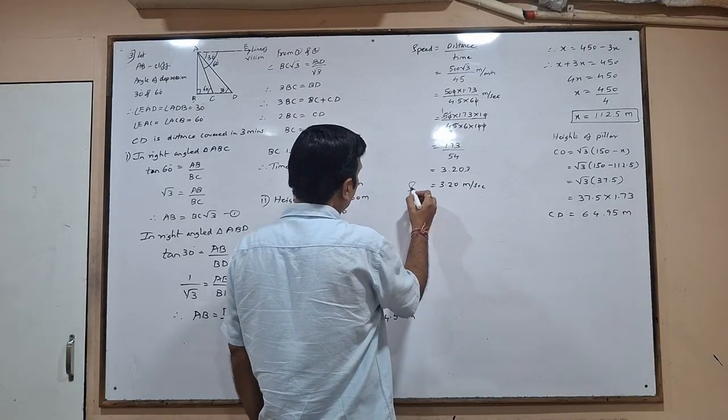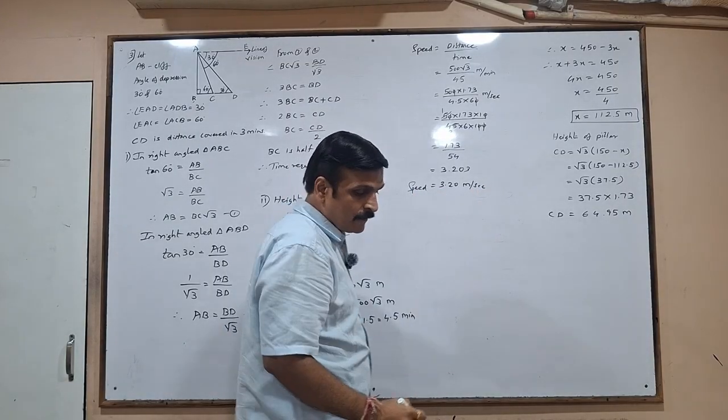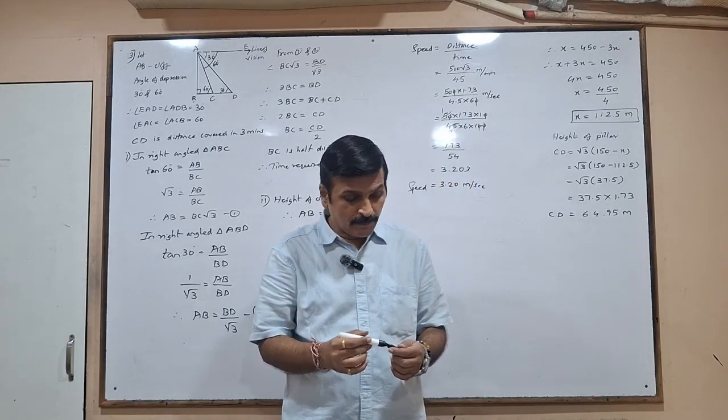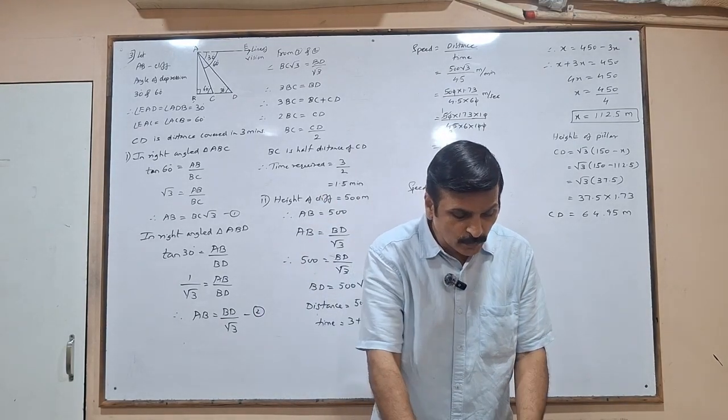Approximately 3.20 meter per second will be the speed of the boat, and it's a uniform speed.